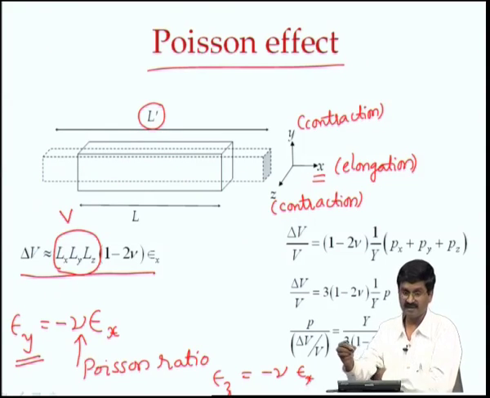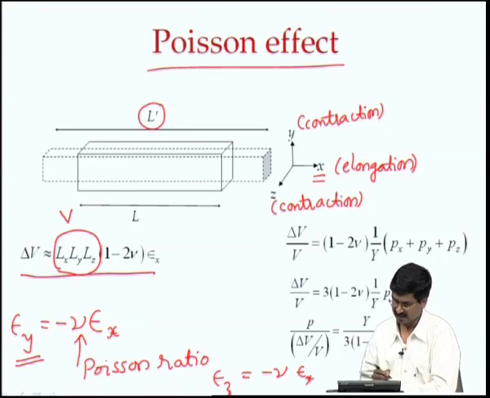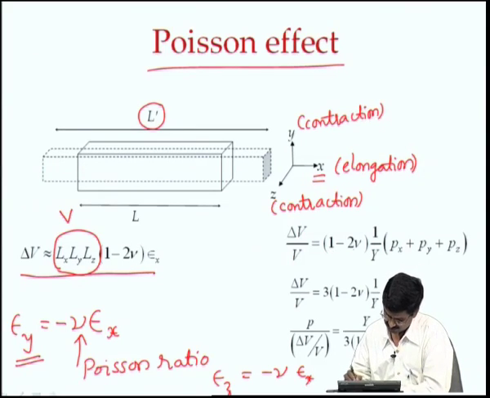You need to calculate this delta V as the original volume of the thing, which is this, minus the new volume of the dashed line structure, you get this. Now, if you take the ratio of delta V by V, that will be given by 1 minus 2 nu into 1 over y. Okay.